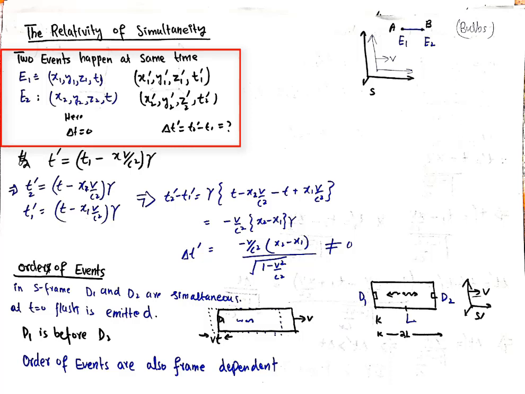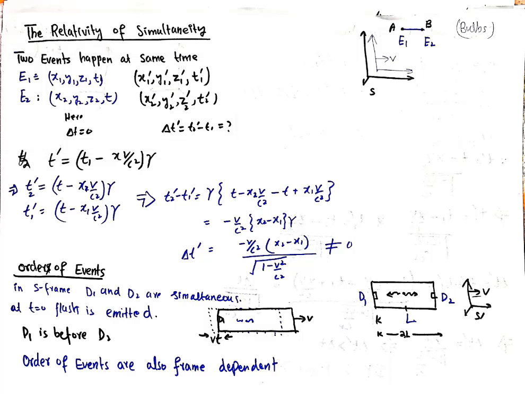Also for another frame S prime that is in motion, we can write the coordinates x1 prime, y1 prime, z1 prime and t1 prime, and x2 prime, y2 prime, z2 prime and t2 prime. So the idea is whether this time interval t2 prime minus t1 prime is 0 or not, because if it is 0, they are also simultaneous. If it is not 0, they are not simultaneous.